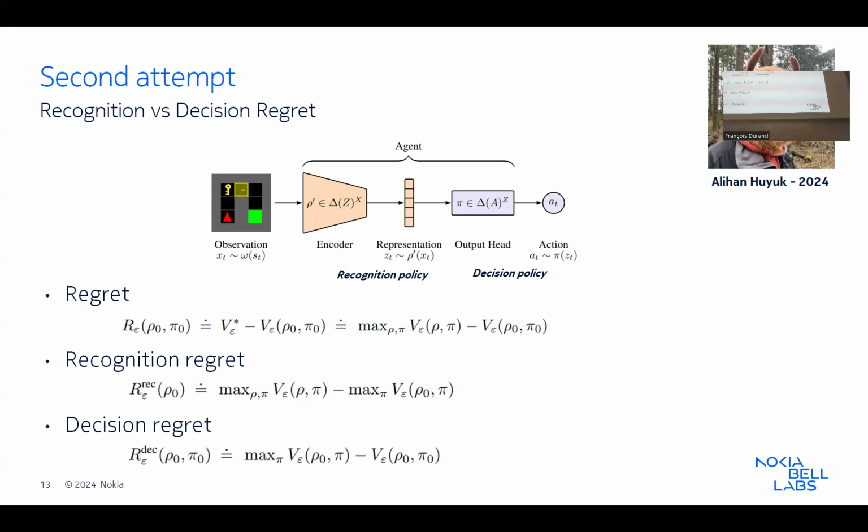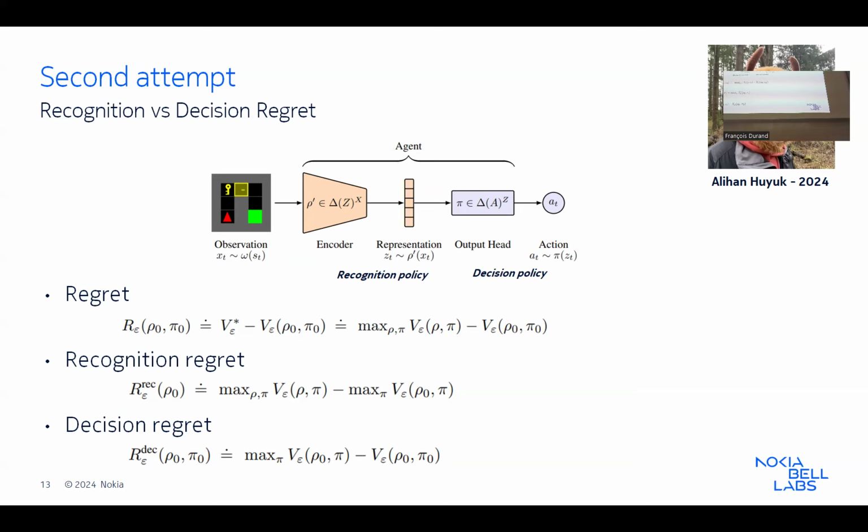For a given algorithm, we're going to represent it by rho 0 and pi 0, and then the optimal algorithm will just maximize over each of those policies. We'll let E represent the environment that we're working in, which will be important when we're distinguishing between the training and the test environment.